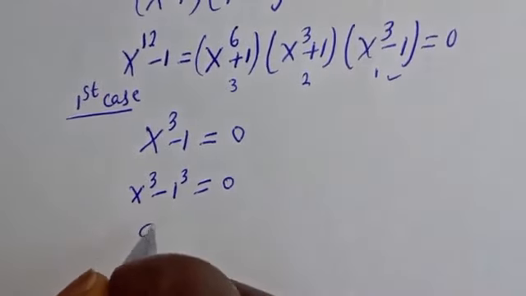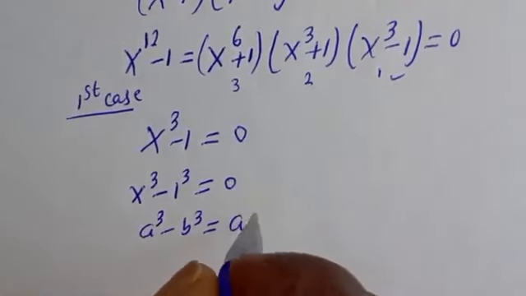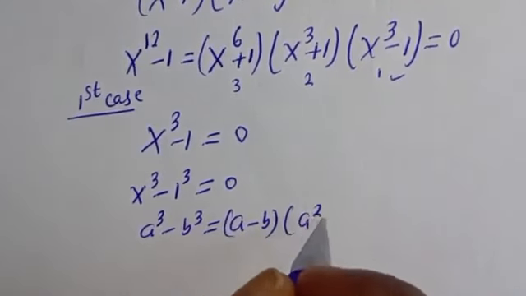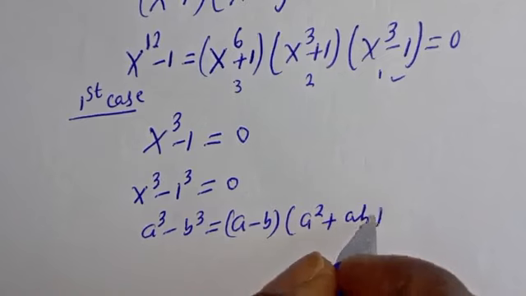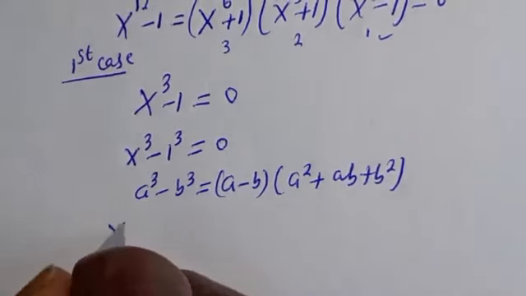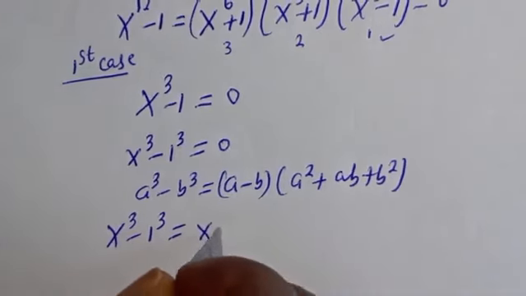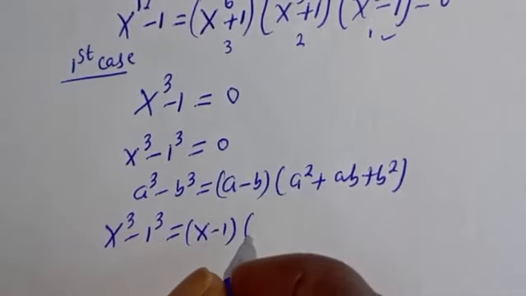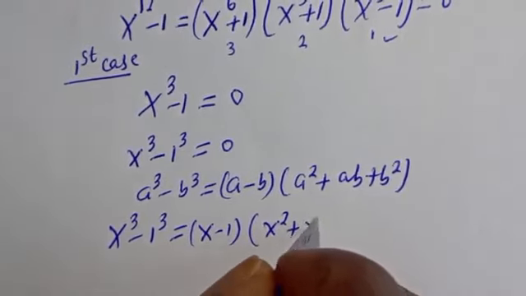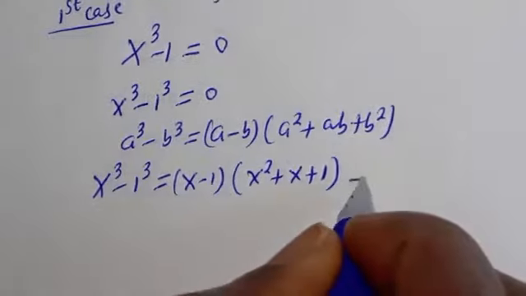Then if you have a raised to power 3 minus b raised to power 3, this is equal to a minus b bracket a squared plus ab plus b squared. So s raised to power 3 minus 1 raised to power 3 is equal to s minus 1 bracket s squared plus s plus 1, then equal to 0.